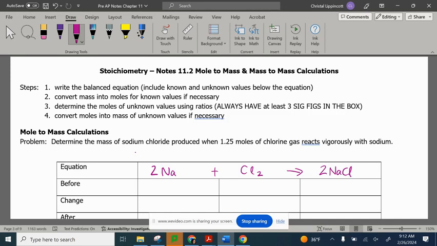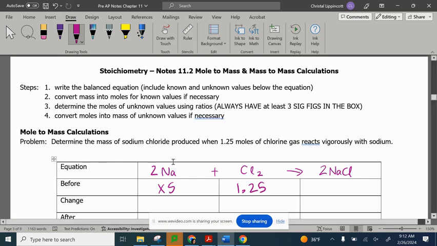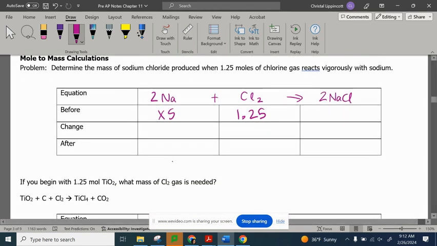All right. So we're starting with 1.25 here. We've got extra sodium laying around. We don't know how much we've got, but we're just going to assume that it's excess. And we haven't made any of this in the beginning.